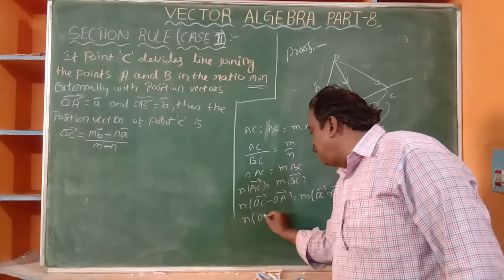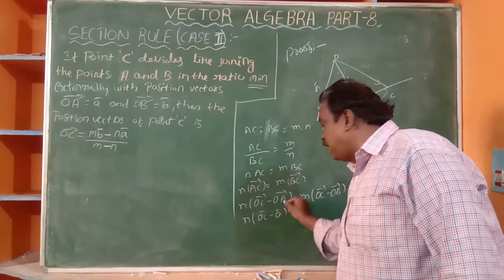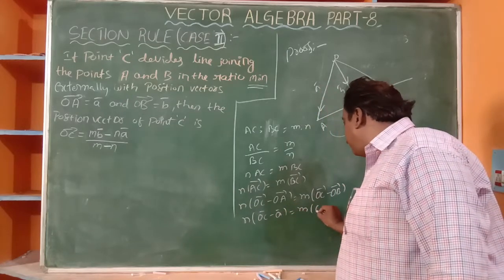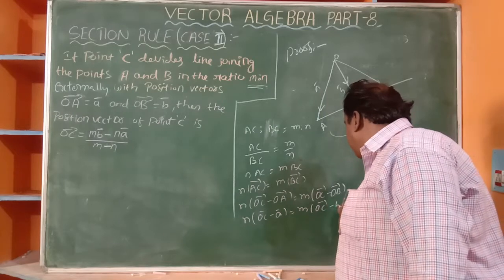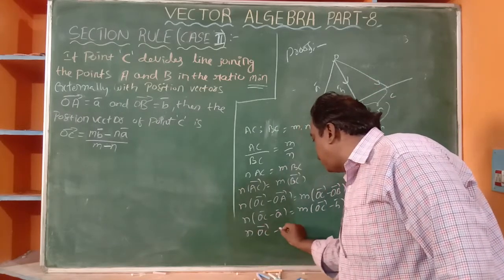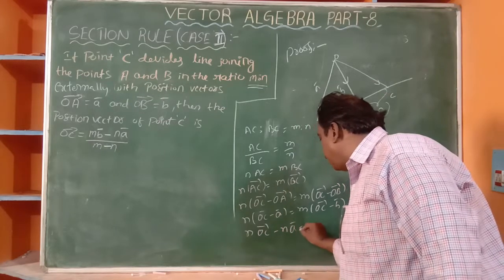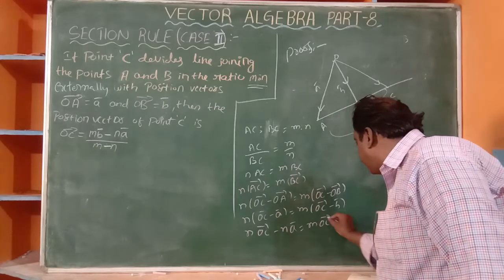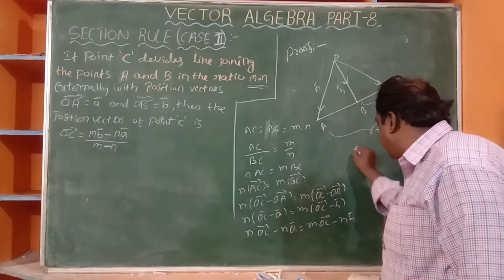It is N of OC bar minus A bar, simply I am applying here. And it is M of OC bar minus B bar. Now it is N OC bar minus N A bar. It is M OC bar minus M B bar.